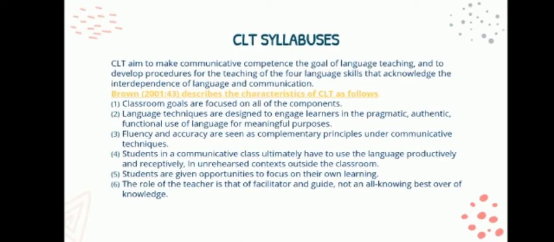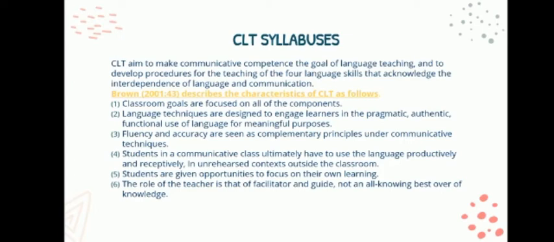C. CLT syllabus. CLT aims to make communicative competence the goal of language teaching and to develop procedures for the teaching of the four language skills that acknowledge the interdependence of language and communication. Brown described the characteristics of CLT. Number 1. Classroom goals are focused on all of the components. Number 2. Language techniques are designed to engage learners in the pragmatic, authentic, functional use of language for meaningful purposes.